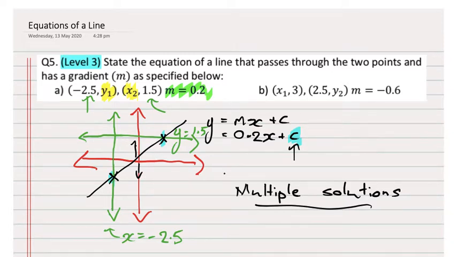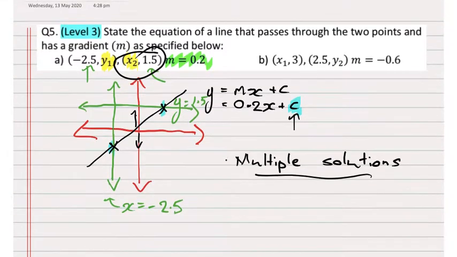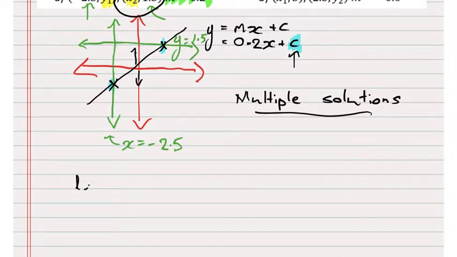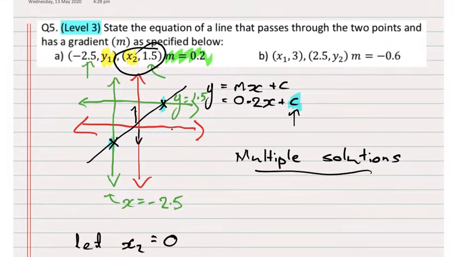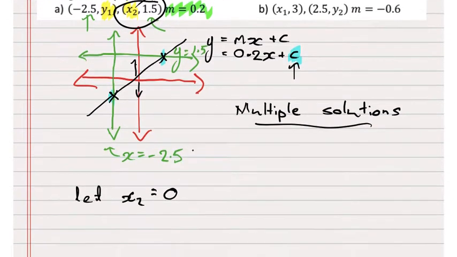So what we can do is simply fix the value of one of these. Let's take this one here and we'll fix it such that we'll say, let x2 equal 0. And by doing this, we constrain one of our points.